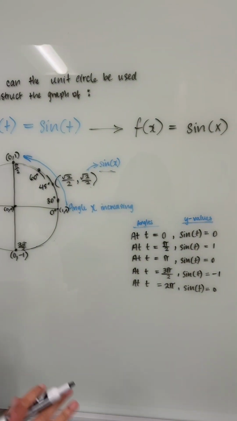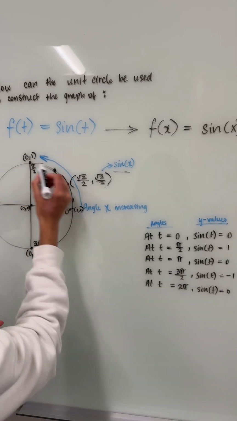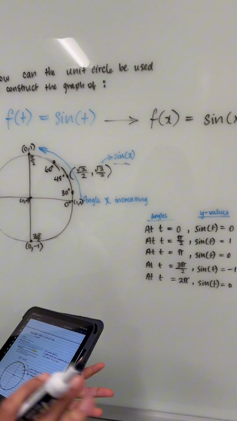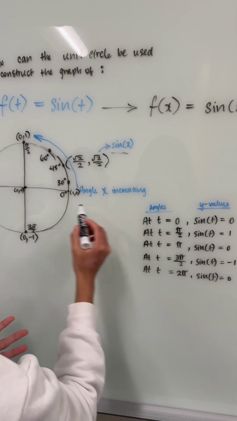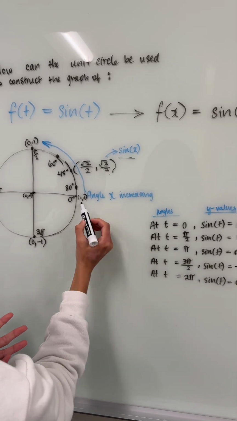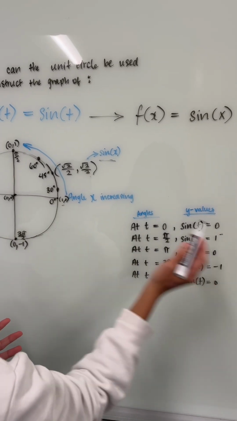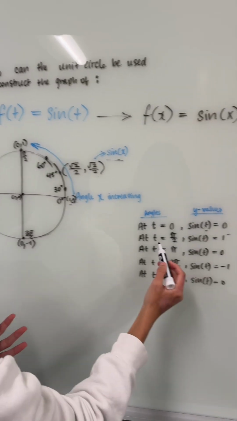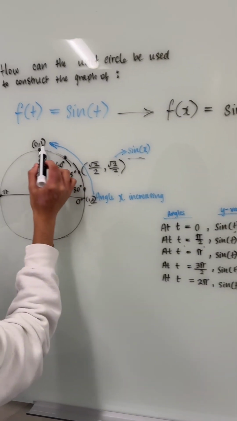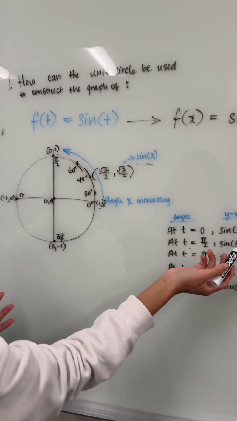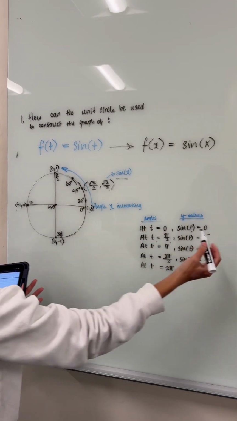So hypothetically, if we were to pick out some random angles, at t equals 0, sin of t would be 0, as we can see here. At t equals pi over 2, sin t or sin of x would be equal to 1.